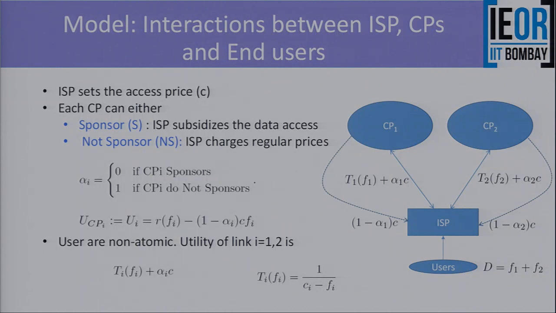This is the decision of the content provider, and we model the users simply as the ones who generate demand according to a Poisson process. This turns out to be a simple non-atomic game, and we can analyze it and see how the users spread their traffic across various content providers.